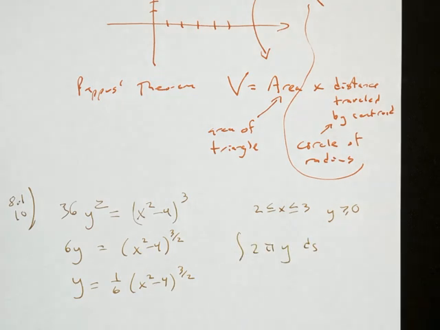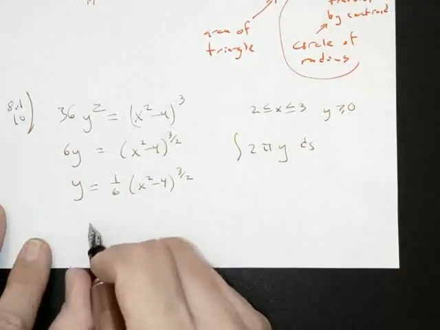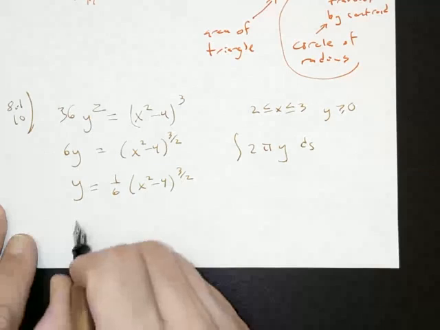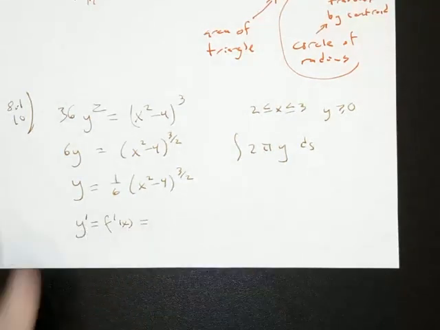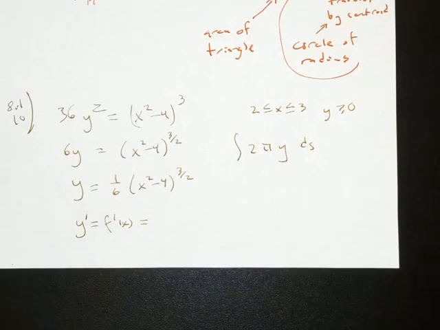I'm going around the x-axis. The radius of my little circle is a y value. So I use 2 pi y ds. So I'm going to get the integral. Oh, wait a minute. Before I do this integral, I need y prime. That would be my f prime of x. What's the derivative of this thing?